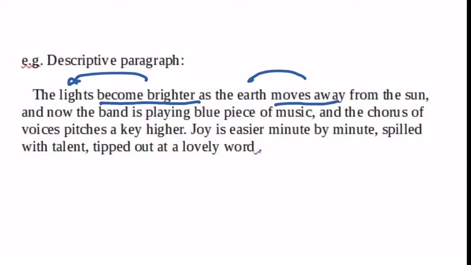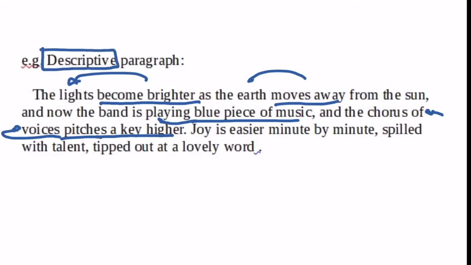Well, a blue piece of music. And the chorus pitches a key higher, which goes to the voices of the chorus. So it's giving a description of what is being talked about in the paragraph. That's the reason we are in front of a descriptive paragraph.